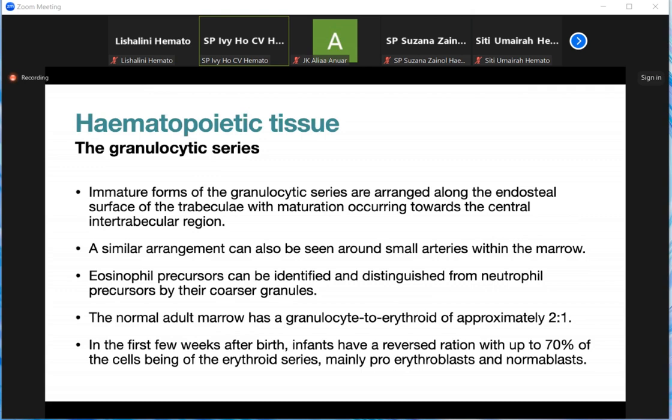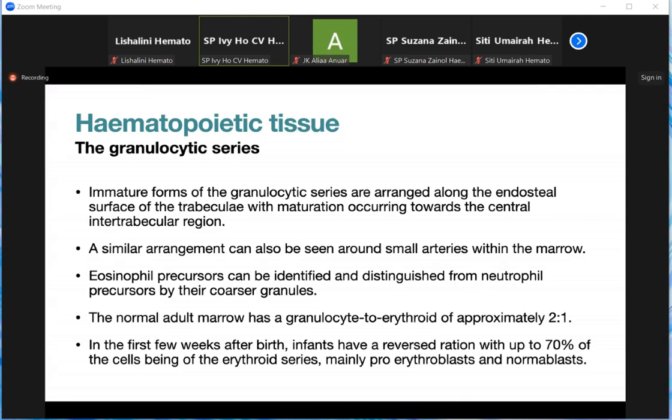Let's look at the hematopoietic tissue. First we start with the granulocytic series. The immature forms of the granulocytic series are arranged near the surface of the bone, and they mature as they move to the central intratrabecular region.